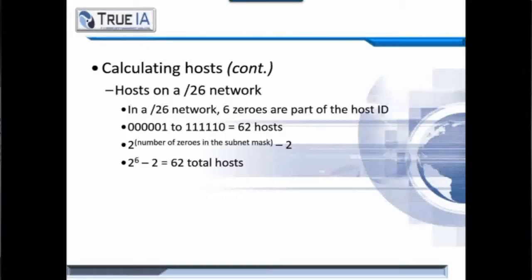Let's try another one. To calculate the hosts on a /26 network, you would take the /26 network, which has 6 zeros as part of its host ID. Then take 2 to the n, or 2 to the number of zeros in the subnet mask, and subtract 2. That should give you 62.